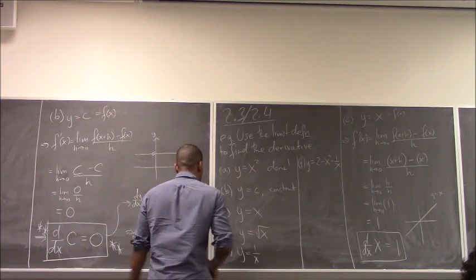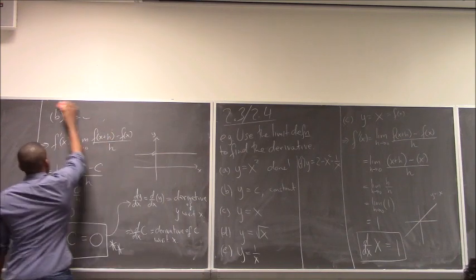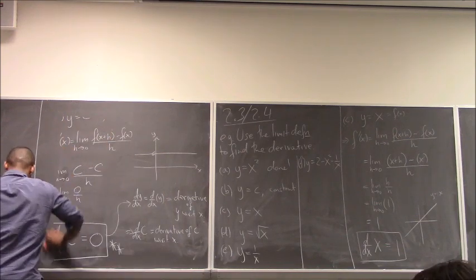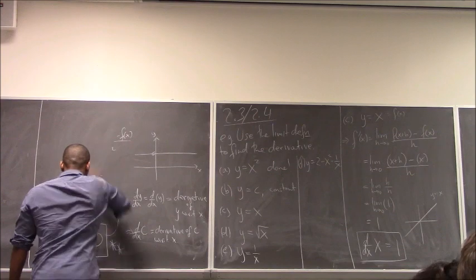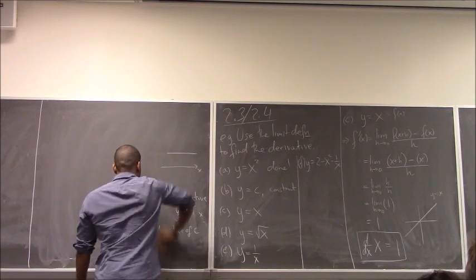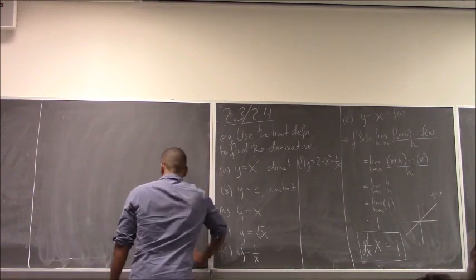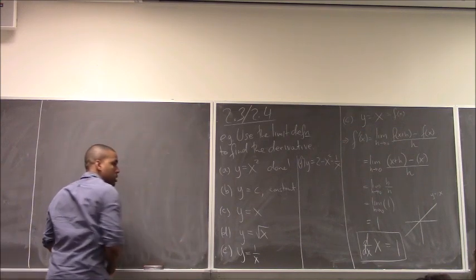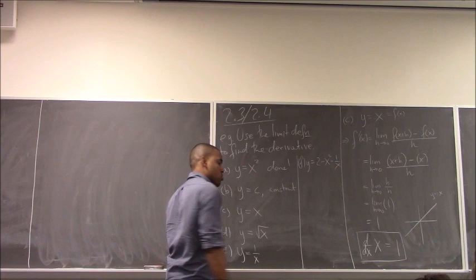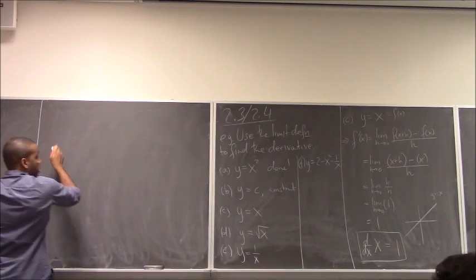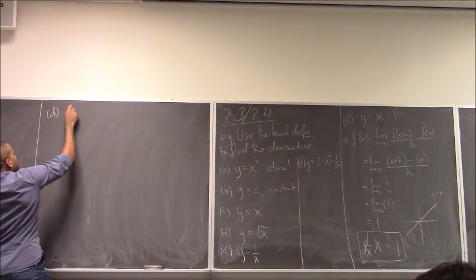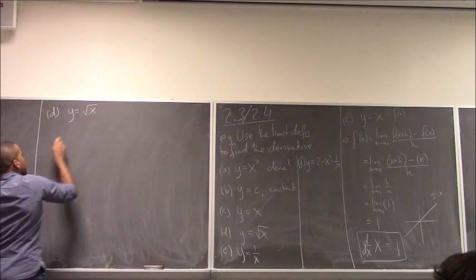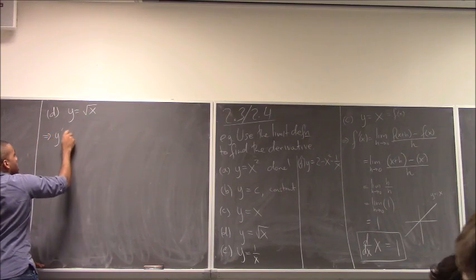Let's get to something that's a little bit more complicated. Let's actually figure out what the derivative of something like radical x is. Here's my y equals radical x. I want to know what is y prime.